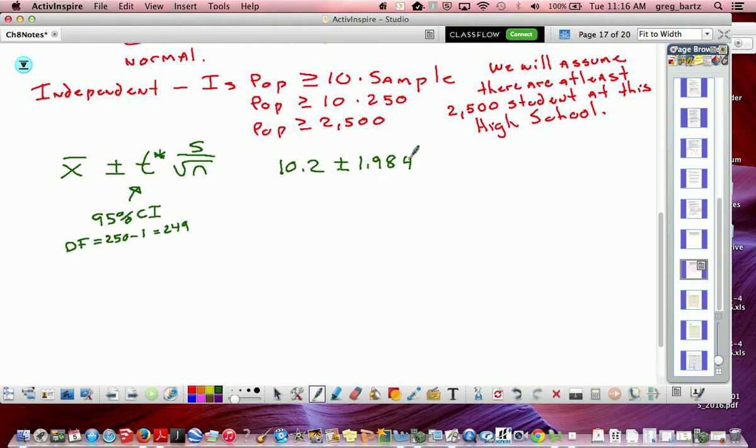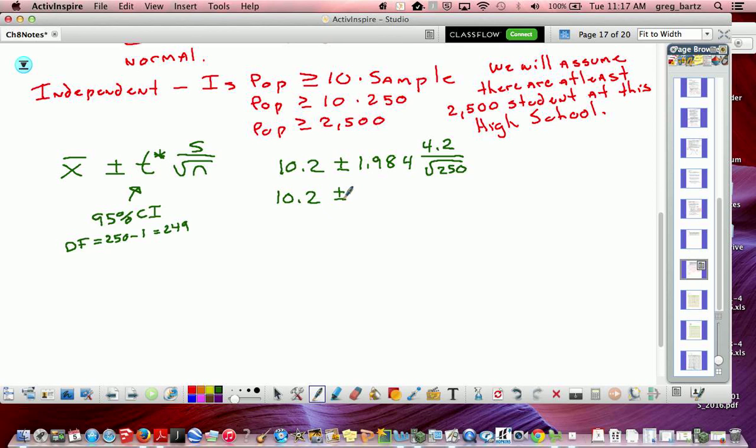This one's nice because they give me the standard deviation, I think was what, 4.2? Square root of 250. So 10.2 plus or minus.